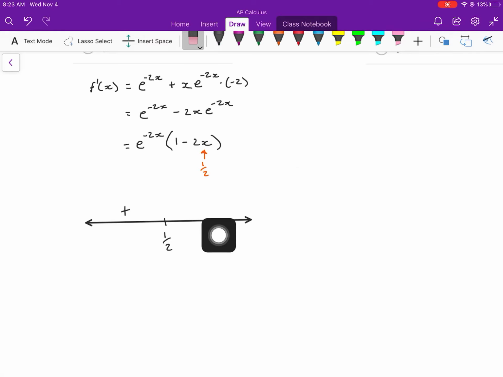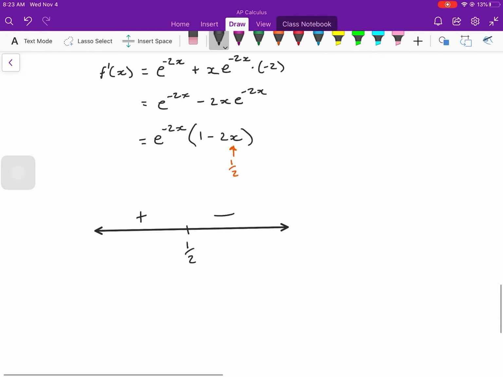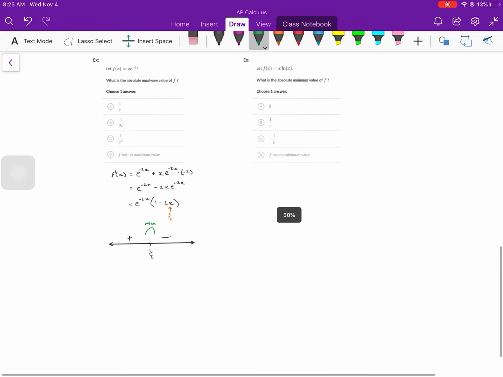Let's test the number 2: 1 minus 4, or you can test 1. 1 is greater, right? 1 minus 2 is negative. So a positive times a negative is going to be negative. And we're looking for an absolute maximum value. So this could be a maximum.